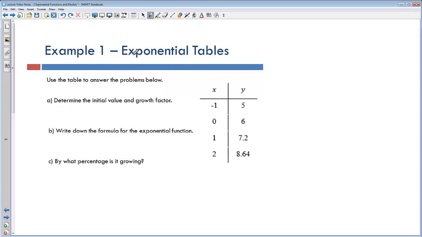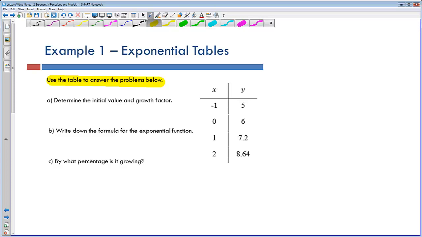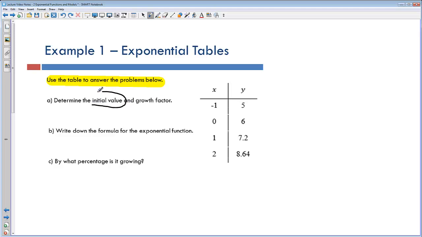So here we want to work with some exponential tables. It says use the table to answer the problems below. So let's talk about these things. I haven't really defined them yet, but they're sort of intuitive, and that's what we want to do. We want to develop some intuition working with exponential functions, basically. So determine what's called the initial value and then the growth factor. All right, so let's look at this.